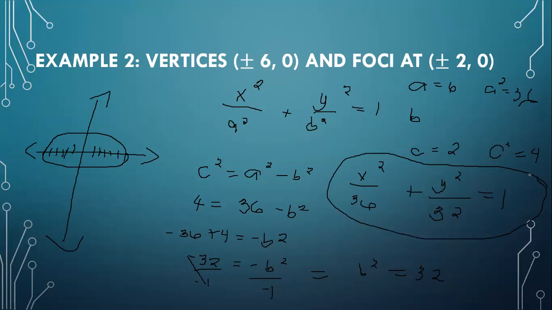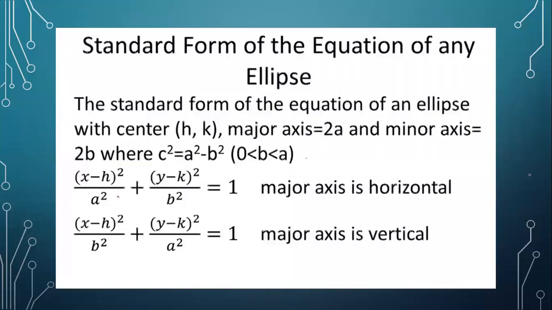Okay, what if the center of the ellipse is not at the origin? So we have this formula: (x minus h) quantity squared over a squared plus (y minus k) quantity squared over b squared equals 1 if the major axis is horizontal.